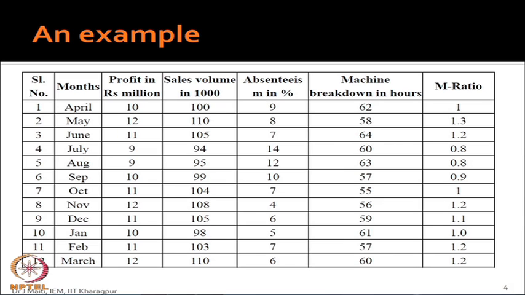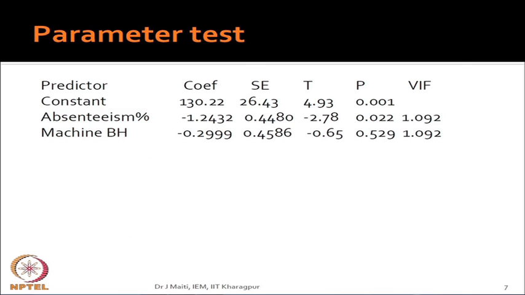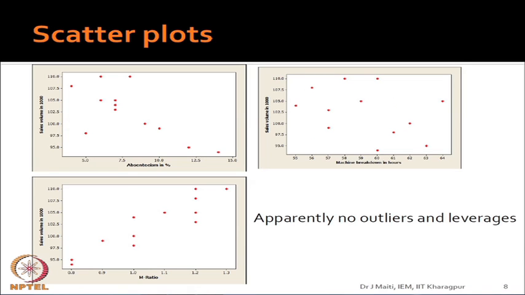This is our example, and these are the fitted values and the regression line parameter tests. Now, see the outliers or leverages based on the scatter plot. Is it visible whether there are any outliers?